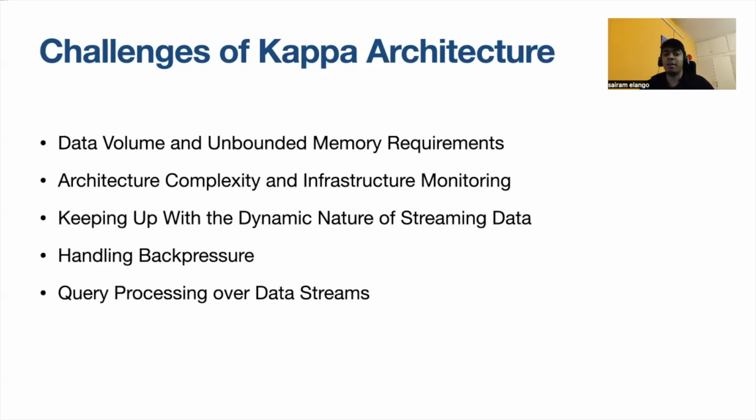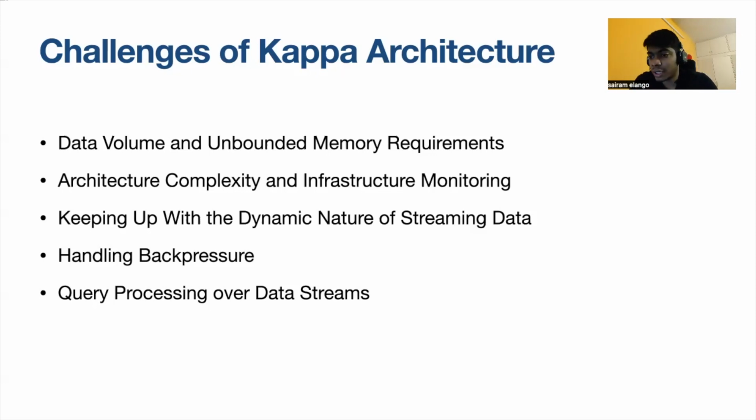On one particular day, you are getting like 1,000 new users, and once your app goes viral, the same app is getting like 10,000 to 20,000 new users every day. In such a case, your real-time system should be able to handle those unbounded memory requirements.